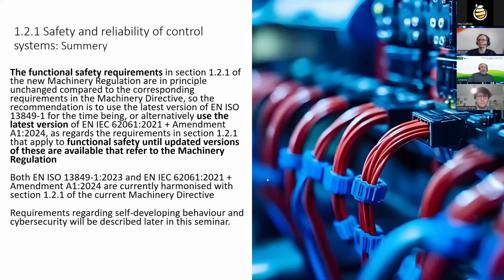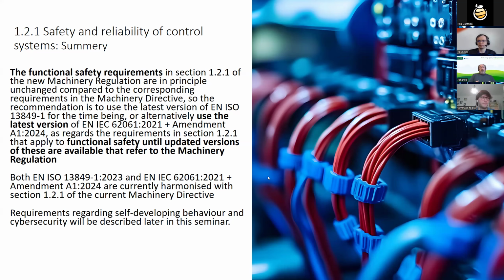I think this is also a very important summary: today we have EN ISO 13849, the latest version released in 2023, and we have the parallel standard EN IEC 62061 from 2021 with an amendment from 2024. And what I would like to say is that, as I see it, it will be very tight for the standardization industry to develop new functional safety standards before the machinery regulation comes into place in January 2027.